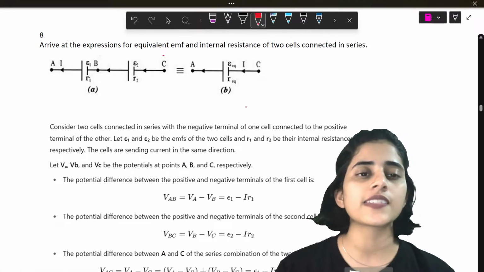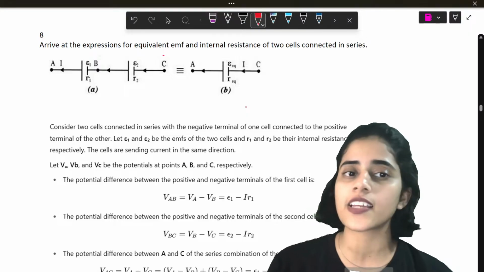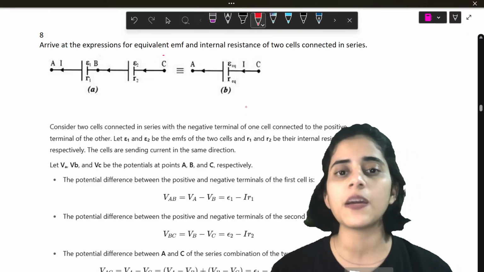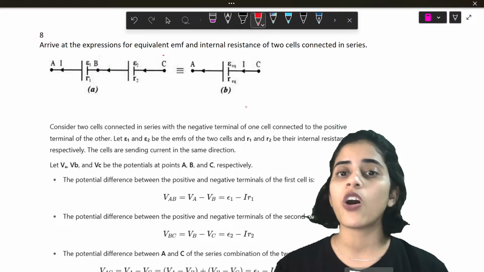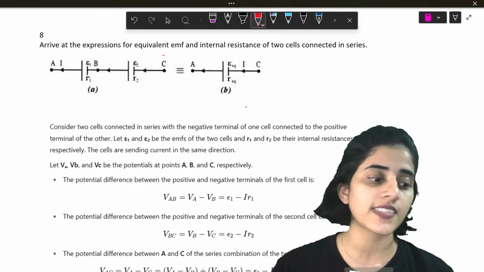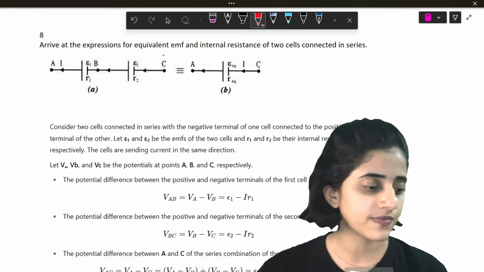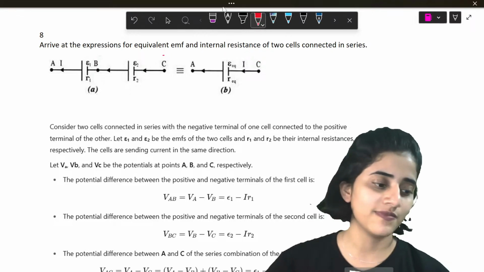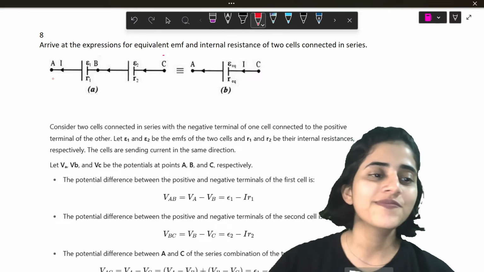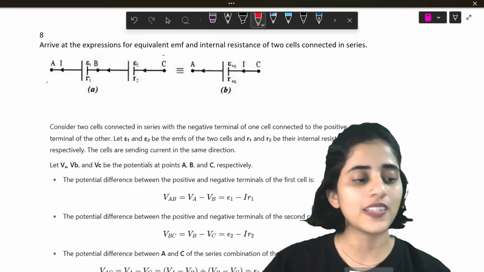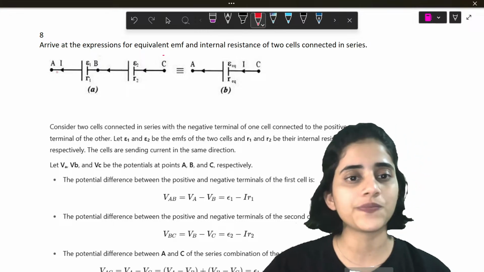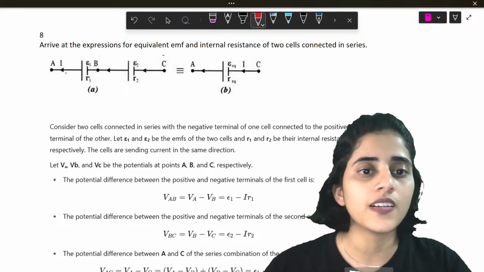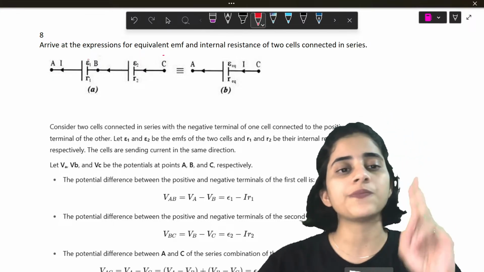Next is arrive at the expression for equivalent EMF and internal resistance of two cells connected in series. So let's do it. So you have two cells.